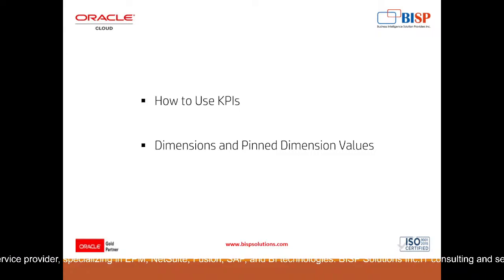If a KPI watchlist or scorecard object containing a KPI is added to a dashboard with prompts and the KPI is not dimensioned by a specific prompt dimension in the KPI definition, that prompt is ignored. Additionally, if the KPI is pinned to specific dimension values, a prompt on that dimension is ignored.